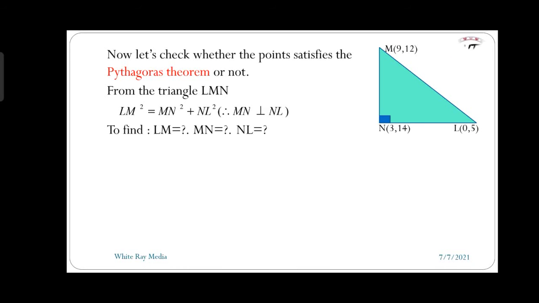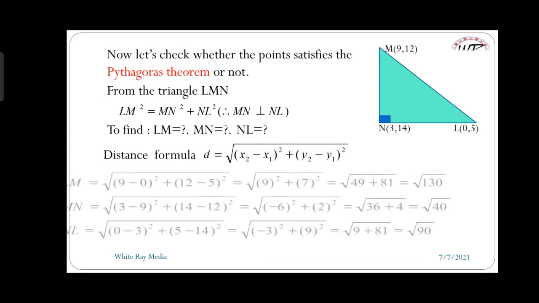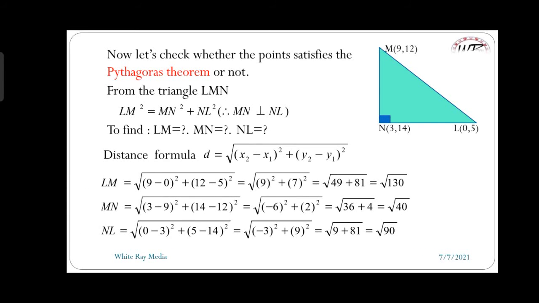Now we need to find the sides LM, MN and NL using the distance formula. Distance formula D is equal to square root of (x2 minus x1) the whole square plus (y2 minus y1) the whole square. We are finding the distance of all the sides.